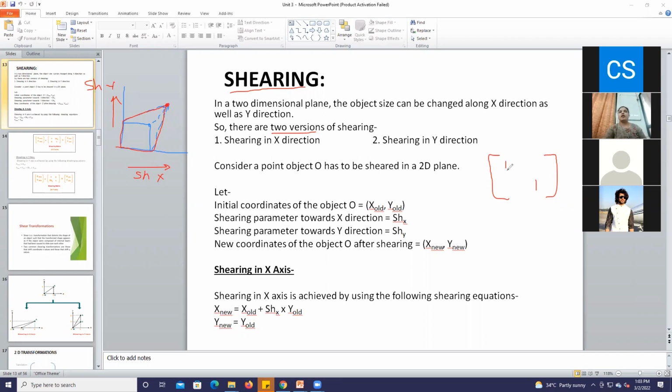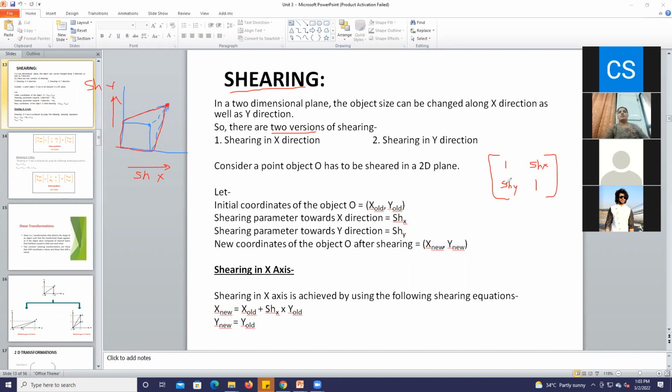So here I will have shear along x-axis, and here I will have the shearing along y-axis. Okay, so here it is the T matrix for shearing.